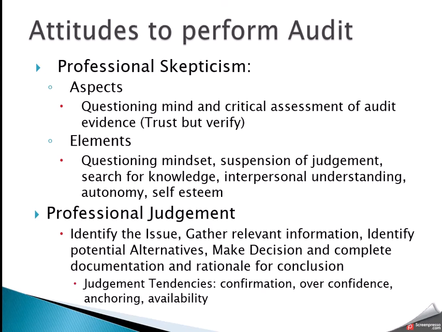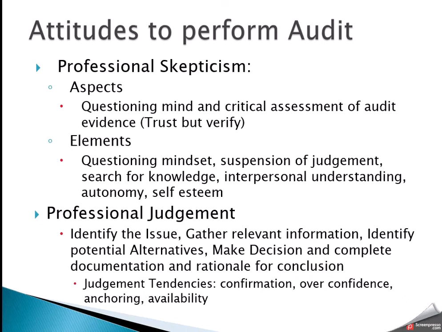Okay, then professional judgment. So professional skepticism is a component of professional judgment. Professional judgment is identifying what the issue is, gathering relevant information, identifying if there are potential alternatives, making a decision, and then completing your documentation and your rationale for your conclusion.